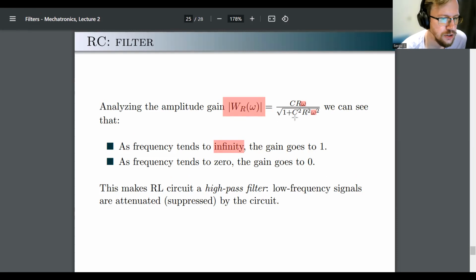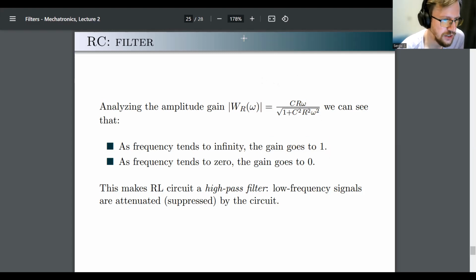So this expression downstairs will tend to the same thing as the expression upstairs, right? And the gain overall will go to 1. So that's what is going to happen as the frequency goes to infinity. The whole circuit will stop acting like anything. It will just pass frequencies right through when the frequencies go to infinity.